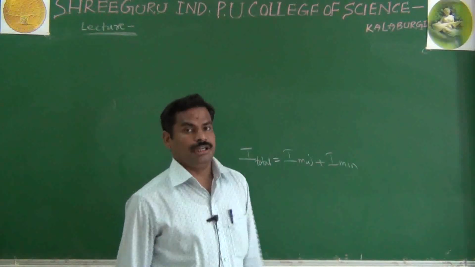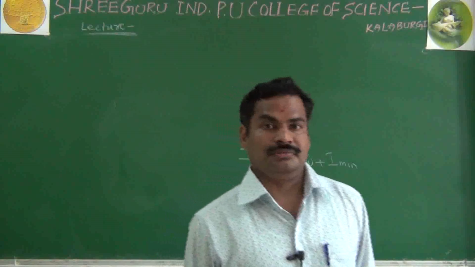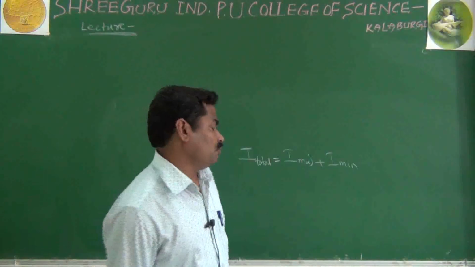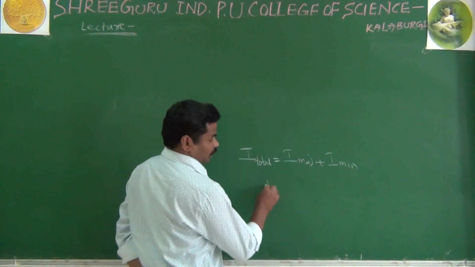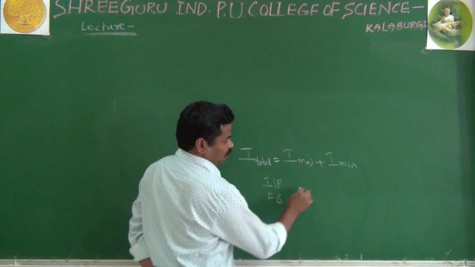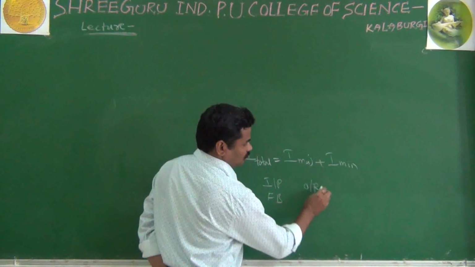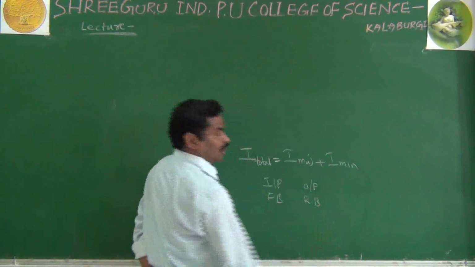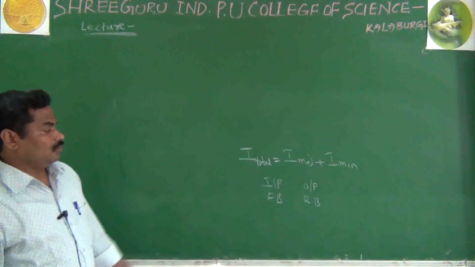As we know already, in your transistor there are two junctions. The input is forward biased and the output is reverse biased.